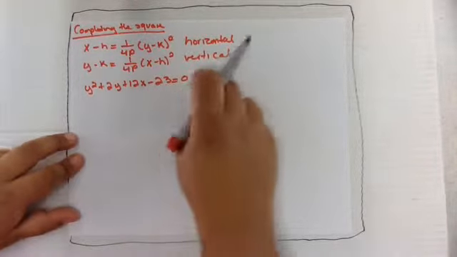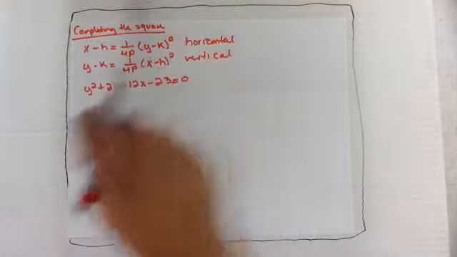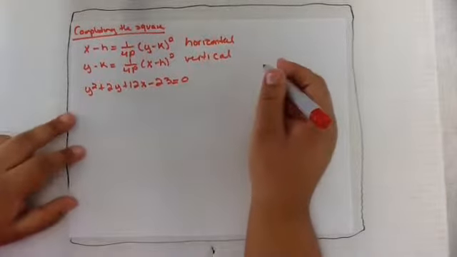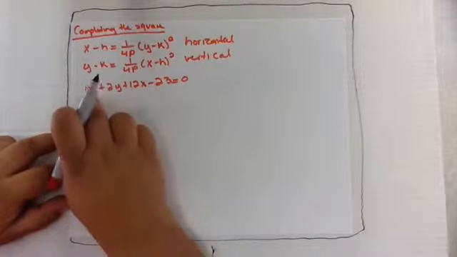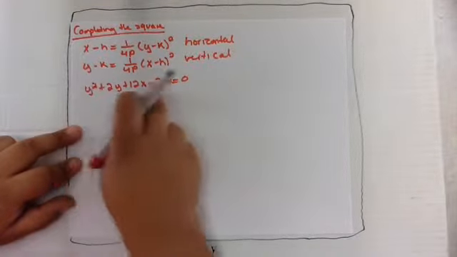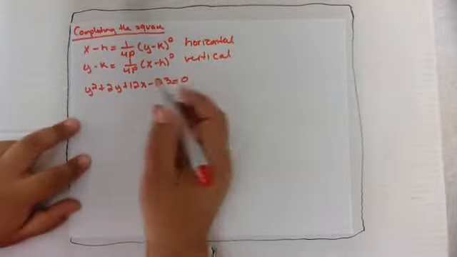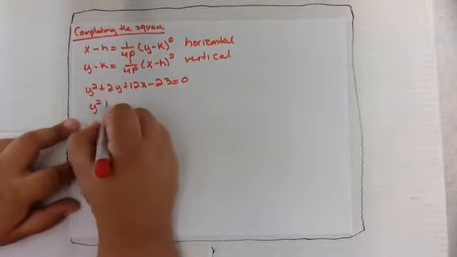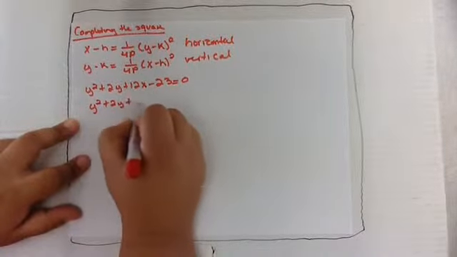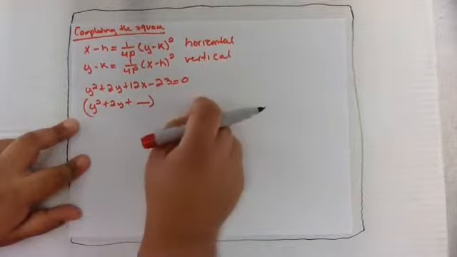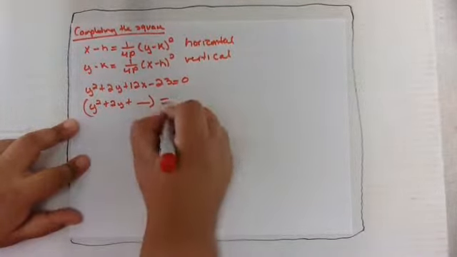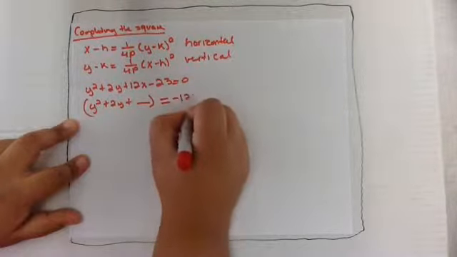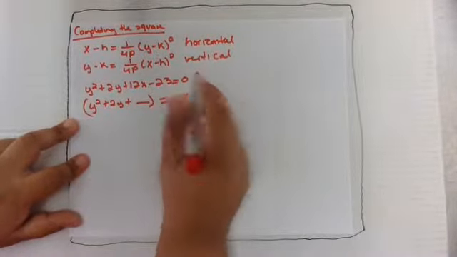equals 0. If I want to get it into standard equation, then I need to complete the square. Since we only will be completing the square on the y's, then we want to isolate the terms. So y squared plus 2y plus a number, and we want to move the 12x and the negative 23 to the other side, equals negative 12x plus 23.